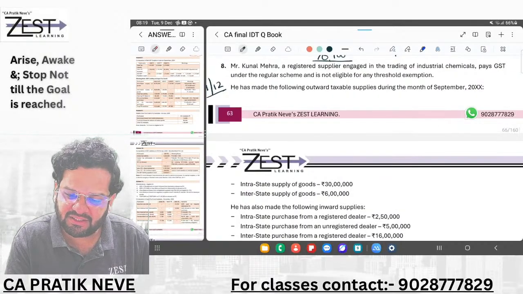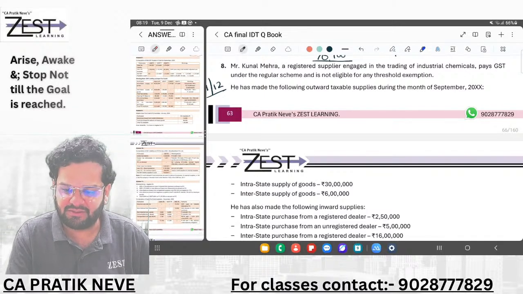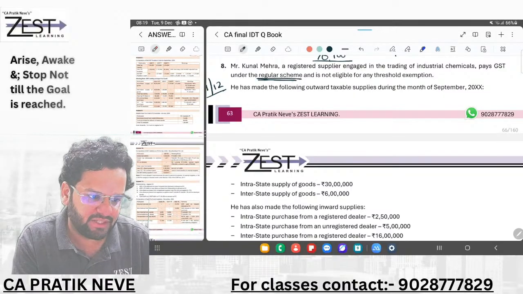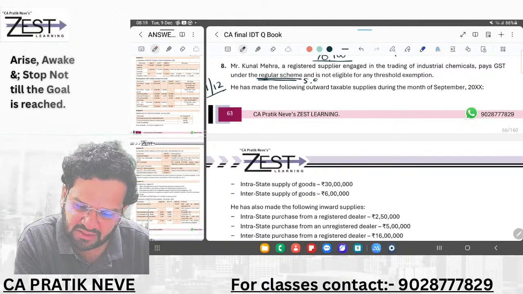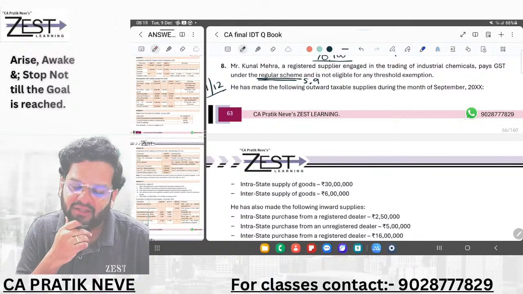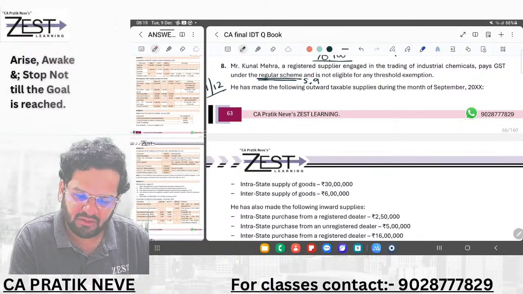He is a registered supplier engaged in trading of industrial chemicals. He pays GST under regular scheme. Friends, regular scheme means section 9 and is not eligible for any threshold exemption. Fine.